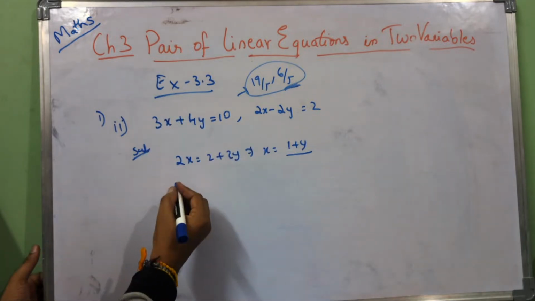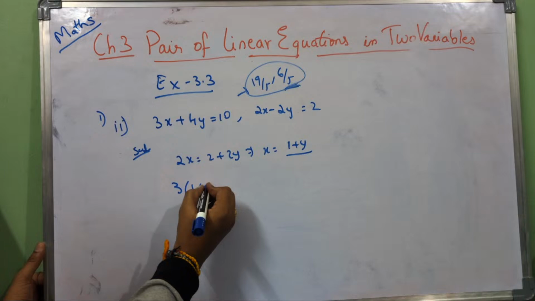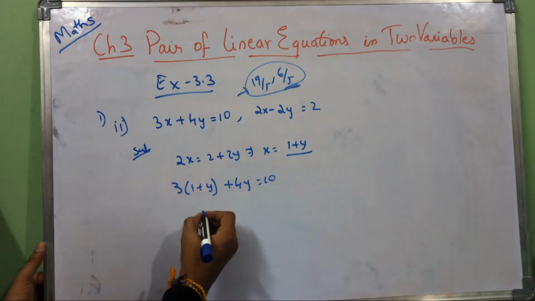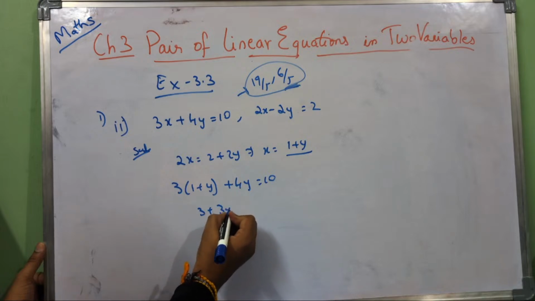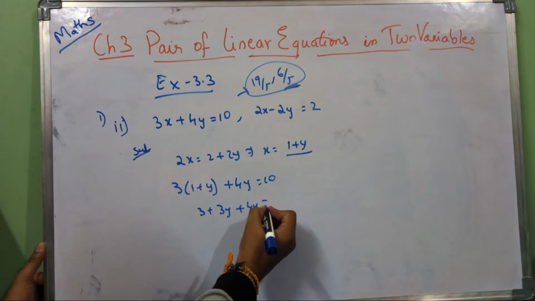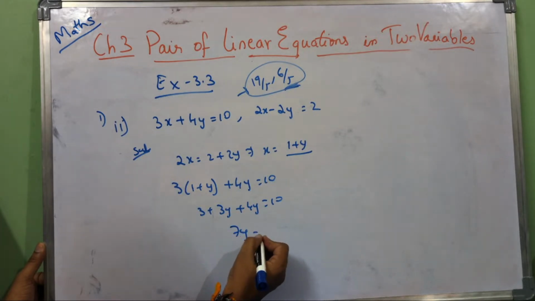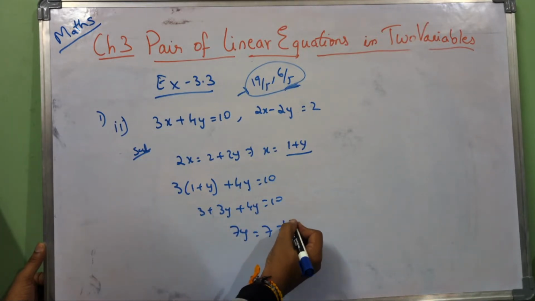So substitute in the first equation, 3 into 1 plus y plus 4y equal to 10, 3 plus 3y plus 4y equal to 10, 3 to the right side, these two will become 7y equal to 10 minus 3, which is 7, therefore y value is 1.